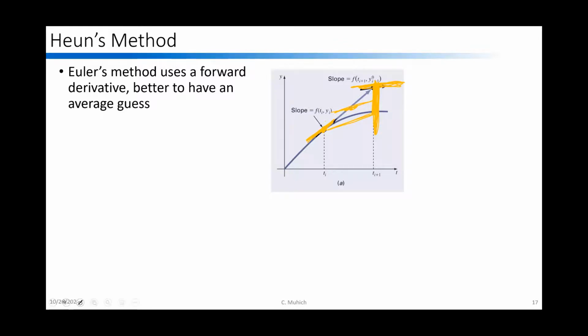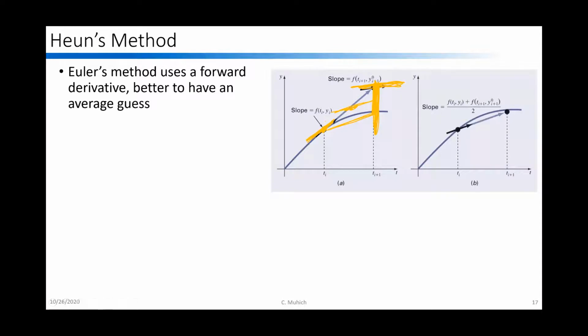So let's put some math to this. We can get a better estimate by taking the average slope between my current point and my next point. The first step, of course, is predicting what y is.